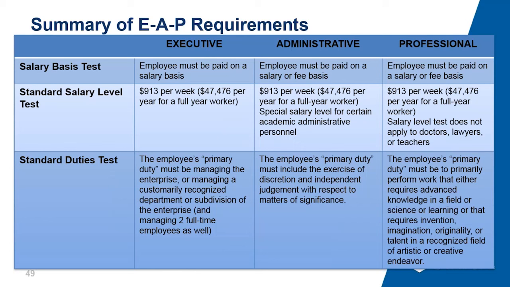They have a standard salary level test, which is making the $913 a week, or you can do the 10% with the bonus. And then their basic duties test. What are the caveats or the parameters that they must meet to be able to qualify to be an exempt?